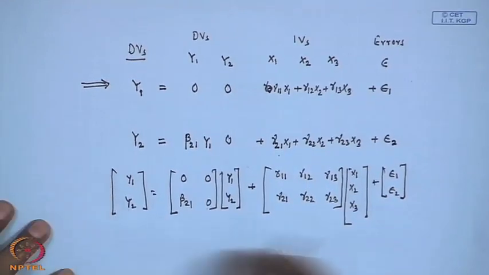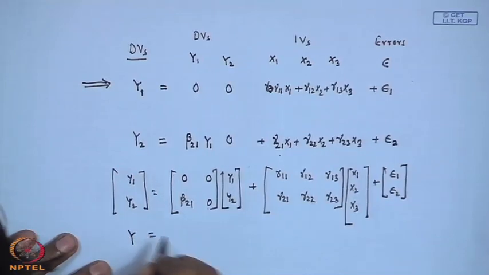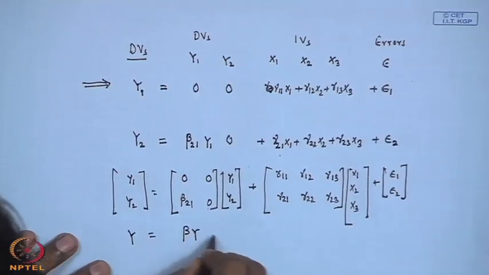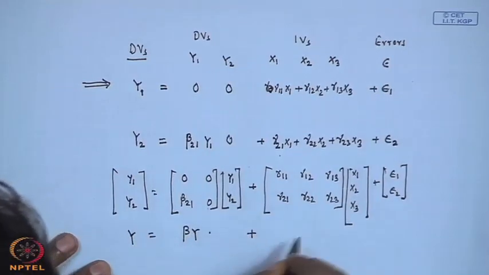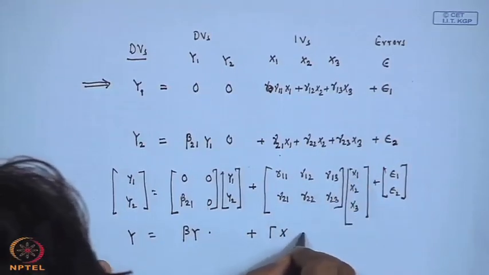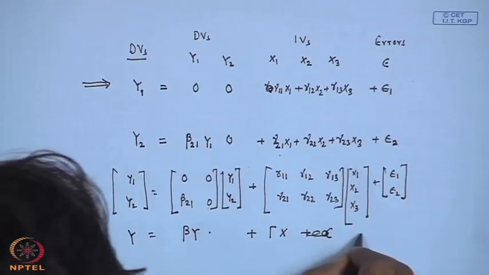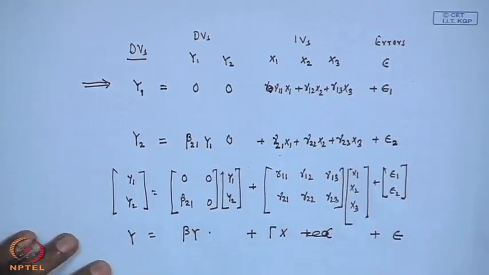This is your path model, or y equal to beta y plus gamma x plus epsilon.